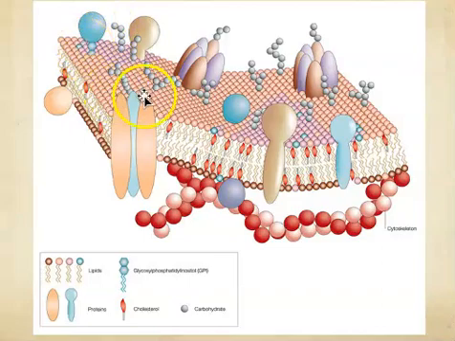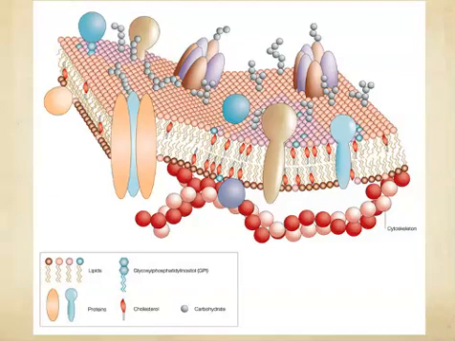Other proteins traverse the entire membrane. But look, sometimes proteins look one way on one side of the membrane. They cross the membrane and then they look different on the other side. This is the kind of asymmetry we're talking about. There's an asymmetry in the type of phospholipid.